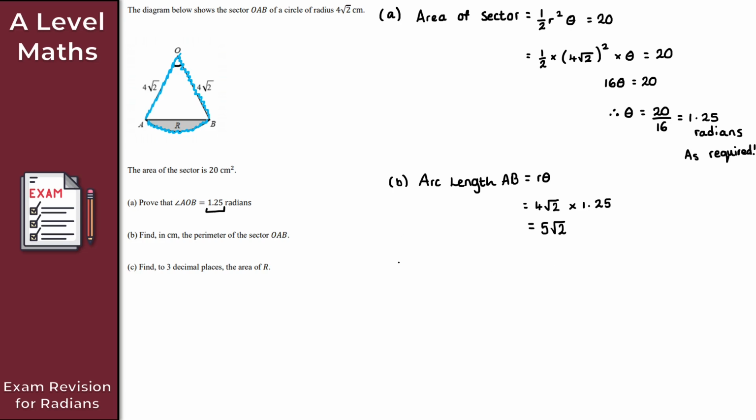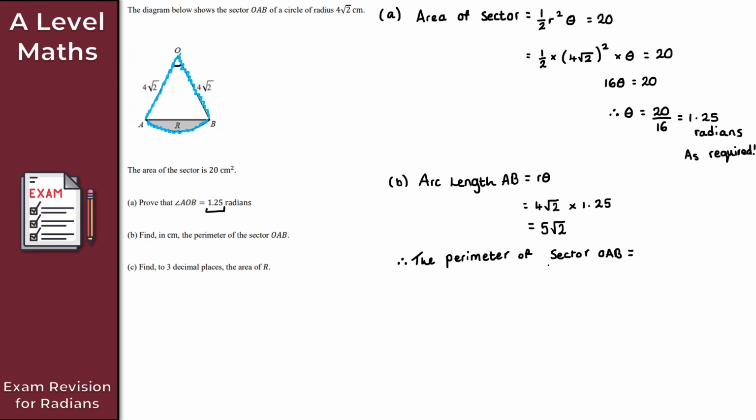So in that case, the perimeter of the sector OAB, as we've just mentioned, is going to be OA plus OB plus this arc length AB.